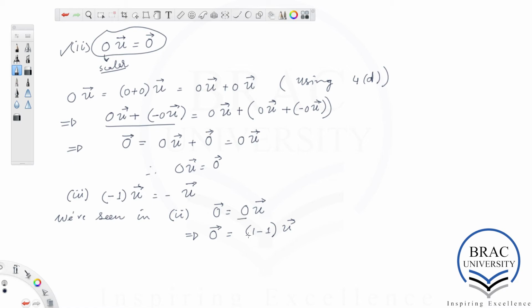So this is happening in the field of scalars. And by using the second distributive property, that is 4D again, we can write it as 1 times u plus minus 1 times u. Okay. Now adding negative u on both sides.